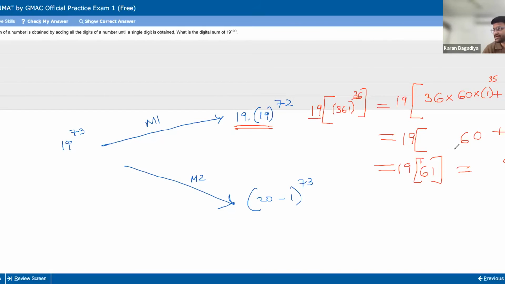And 19 sixes are 114. So is this ending with a 5, 9? If there are no calculation mistakes in my work, then 20 minus 1 should give you the same answer. Now try and do it with that method. Is it matching?